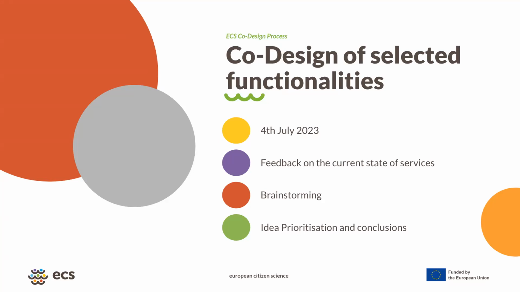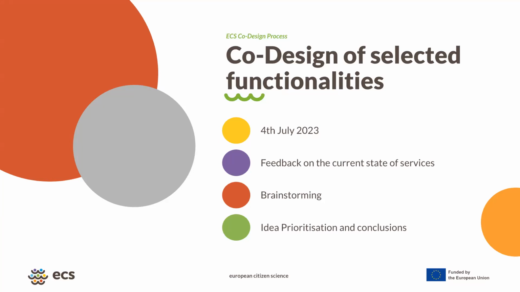The methodology for each service was structured around 3 main boards: an initial board to receive feedback on the state of the beta services. Participants would share their views on design, functionality, user experience, potential bug detection, and so forth. A second board was used for brainstorming activities so that we could identify new associated functionalities, fresh ideas to add to the services at that point, and generally any contribution the participant wished to make.